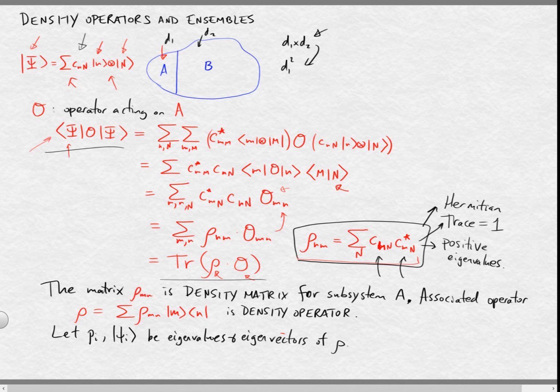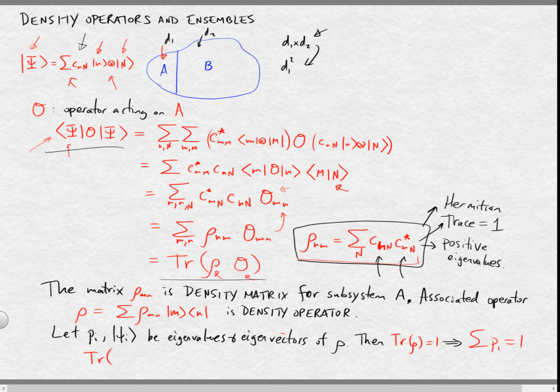Then the fact that the trace of rho equals 1 means that the sum of the eigenvalues is equal to 1. And so those have interpretations. We can, if we want, interpret those as probabilities.